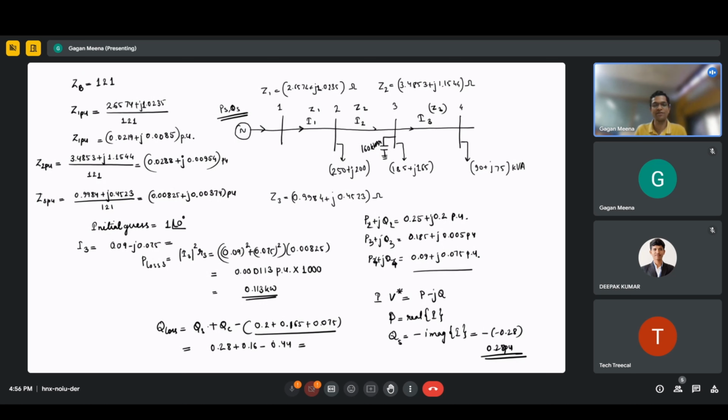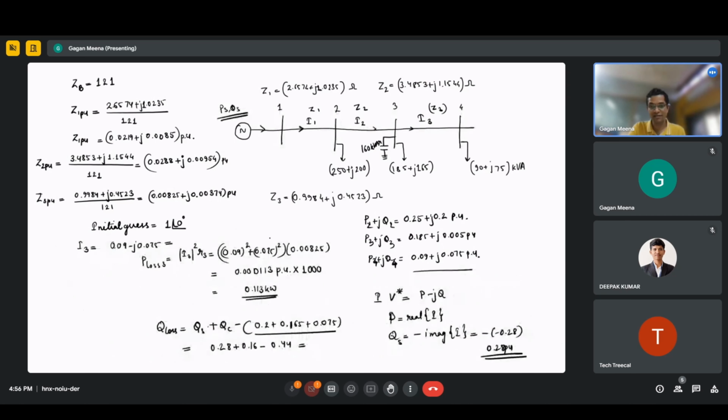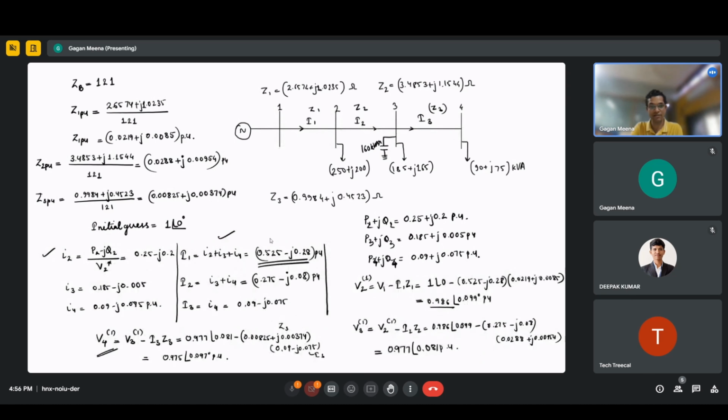If you take more for the value of the current, the imaginary part of current.